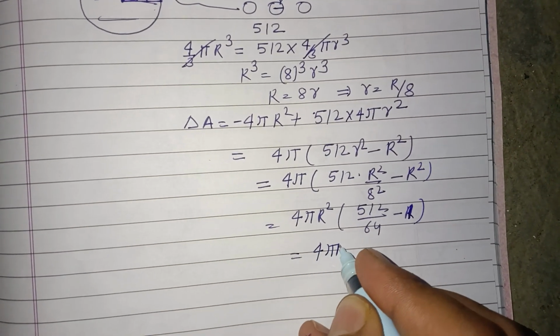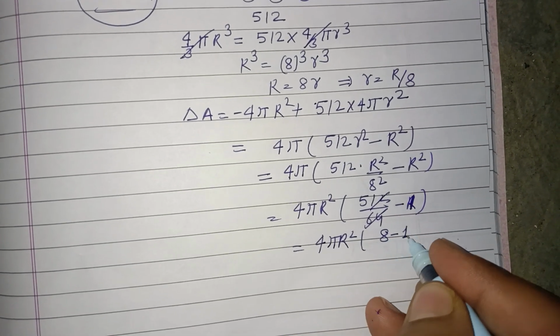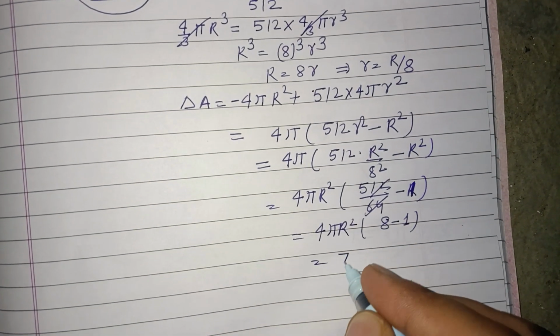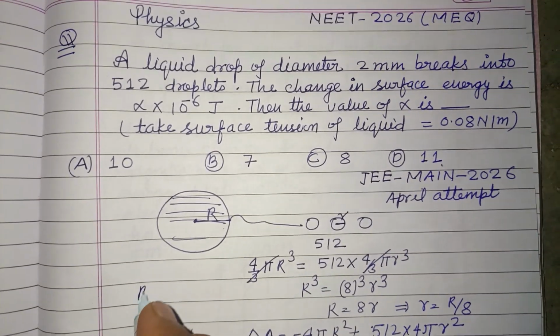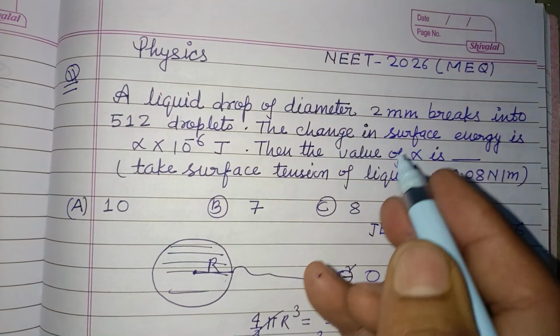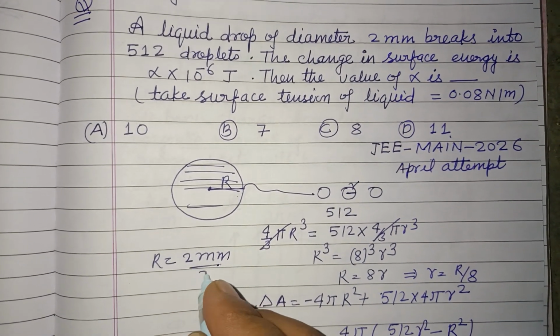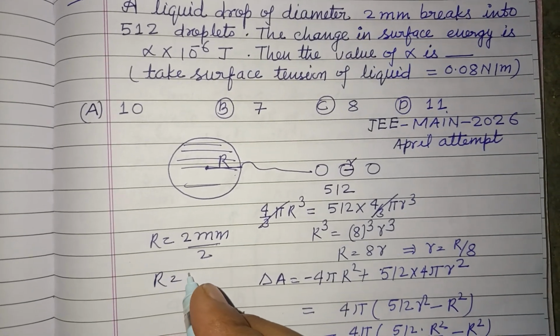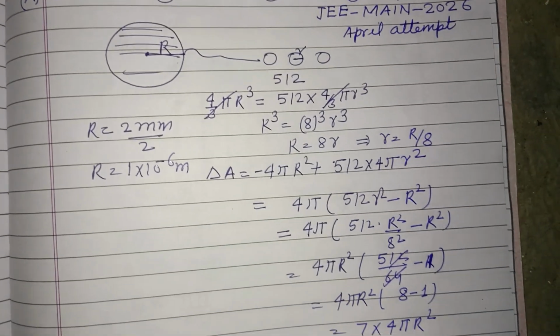So we got 8 minus 1, which is 7, into 4 pi R square. Since the diameter is given as 2 millimeter, when we divide, we get R equal to 1 into 10 to the power minus 3 meter.